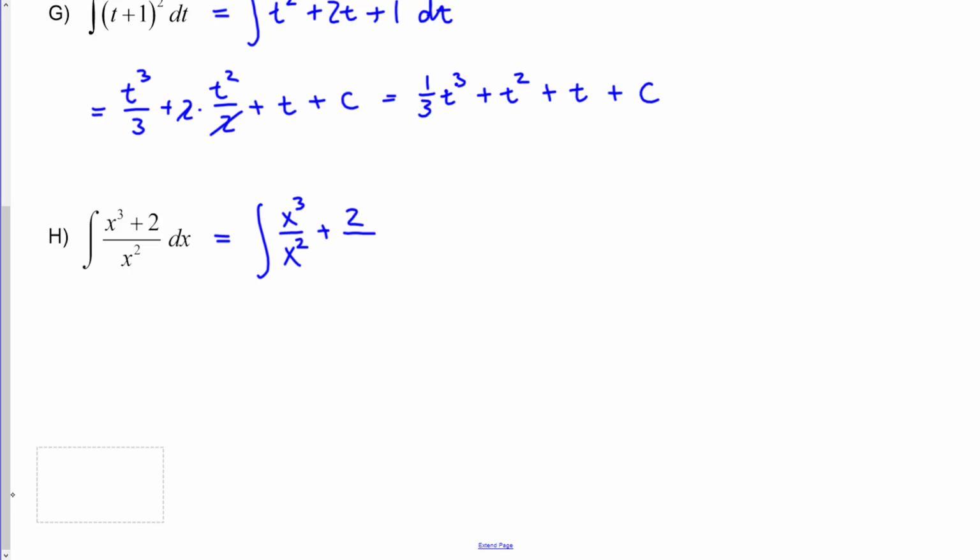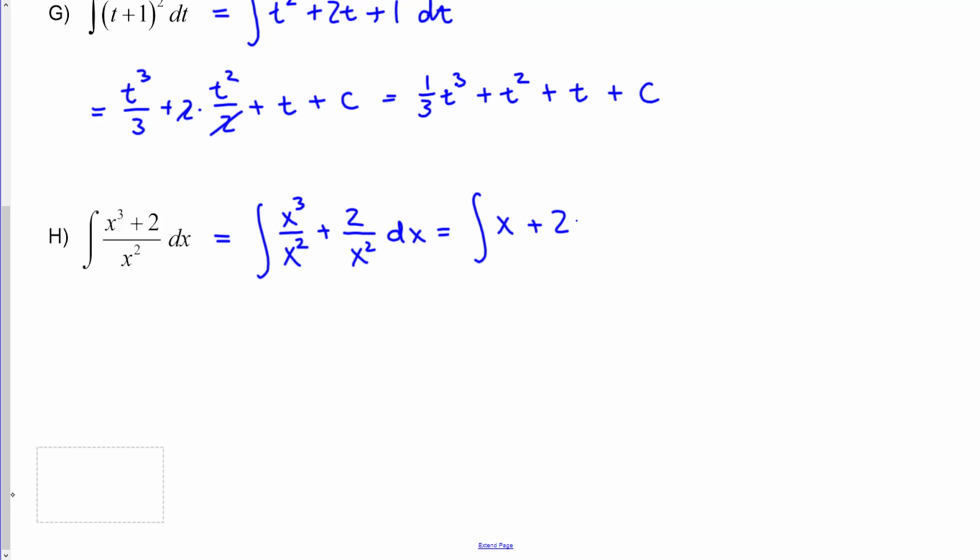So this makes my function look more like, so x to the third power over x squared is just x. 2 over x squared I can rewrite as 2x to the negative second.